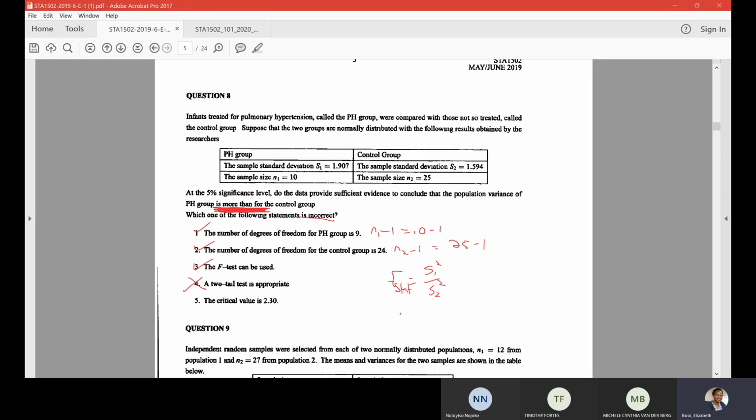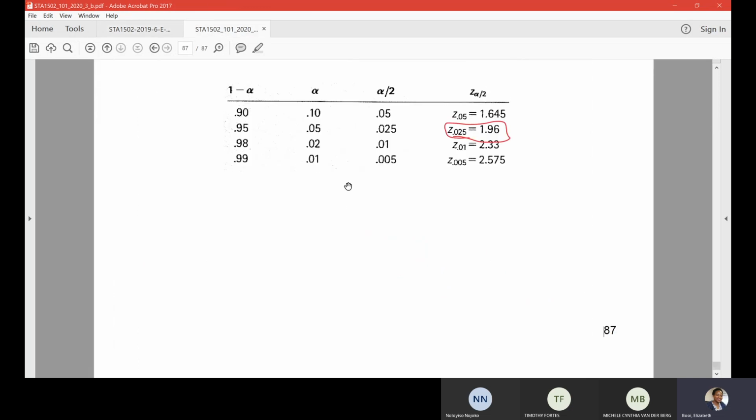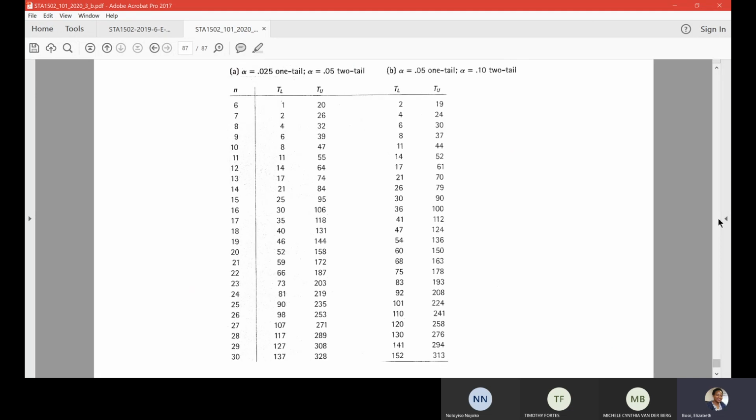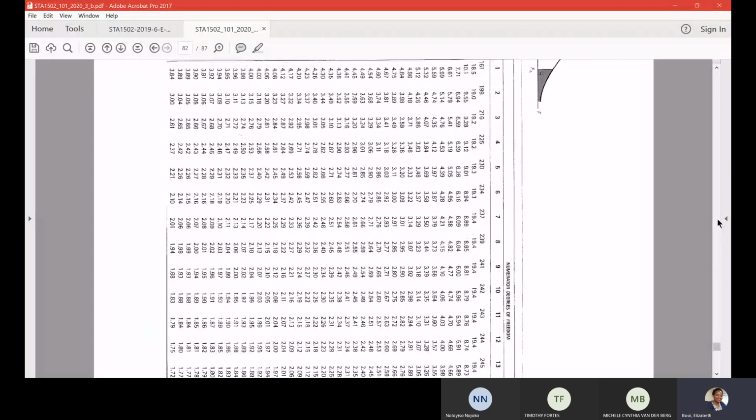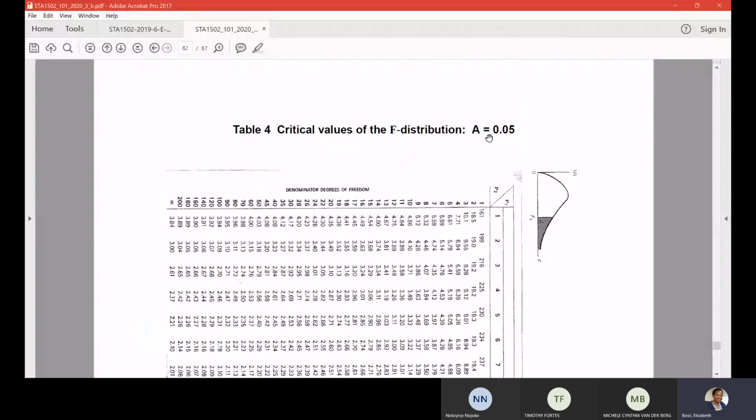Otherwise, you can go and check what the critical value is. Since we're doing an F test, it will be F alpha, and the degrees of freedom V1 will be equal to 9, and V2 will be equal to 24. You will go to the F test table, the critical values of F distribution, and look for the alpha value.